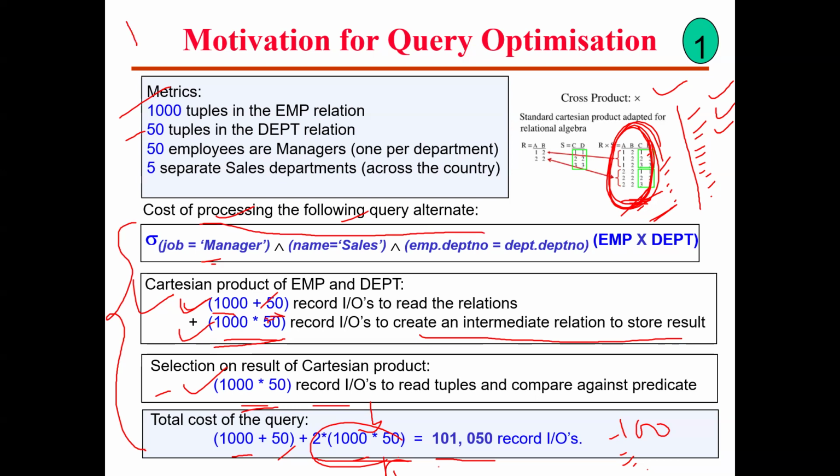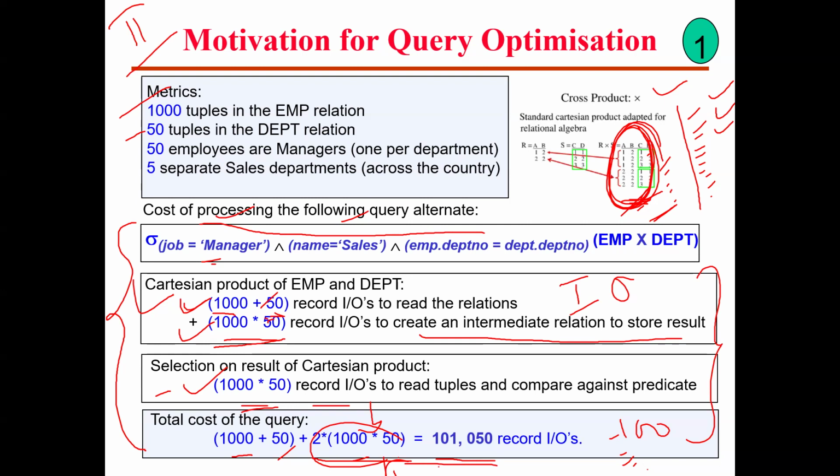This is the second part of your question solution. Here we are asking you what the different ways of writing the SQL query are and how you calculate the cost of processing. So you calculate the cost of processing depending on the number of IOs: reading records, how many records and how many times you have to read the record. So this is how we calculate the cost of processing.